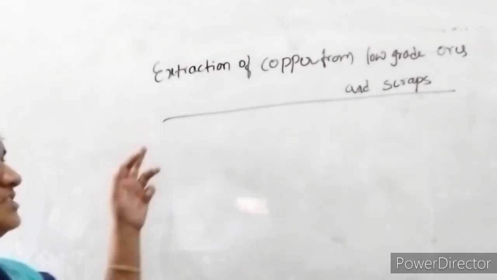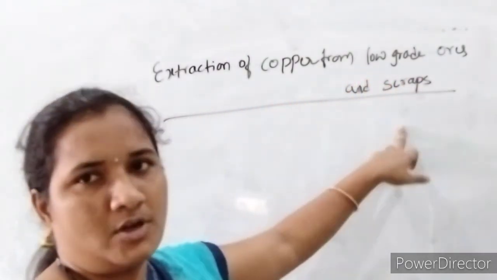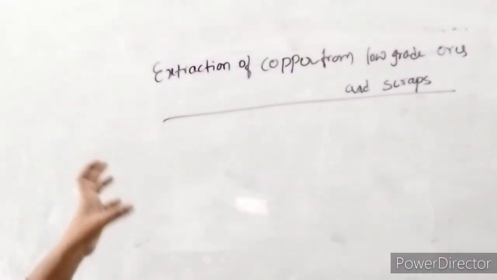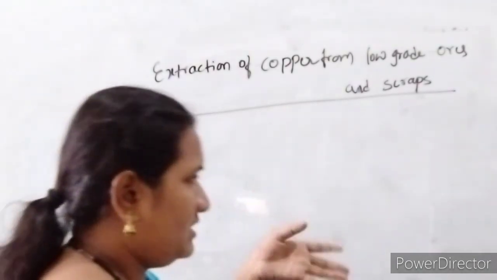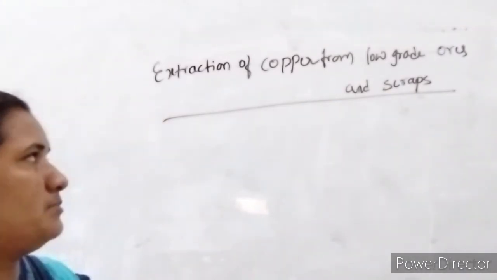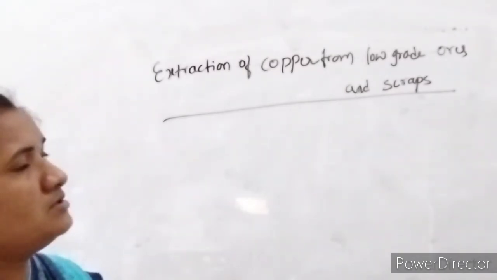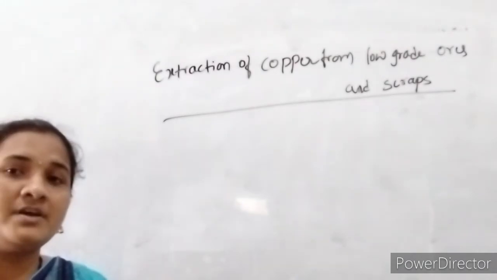So the next application is extraction of copper from low grade ores and scraps. We are going to extract the copper from low grade ores and scraps here. In today's video, in the first session, in the first 10 minutes, I am explaining the extraction of copper from cuprous oxide, that is, extracting copper from copper glands.